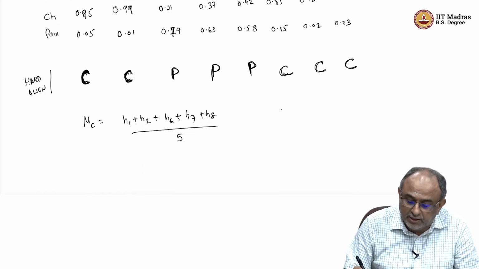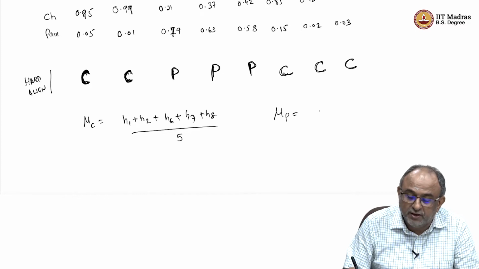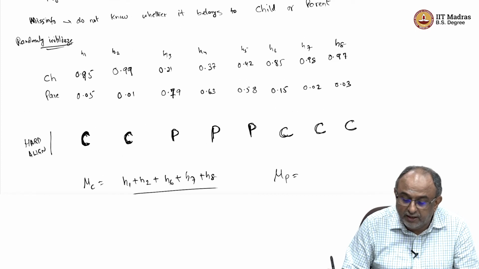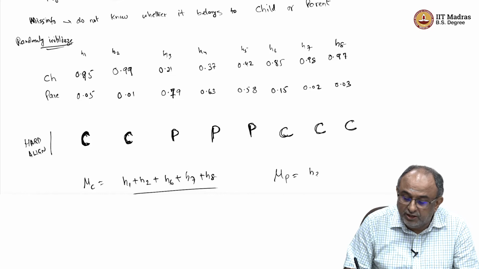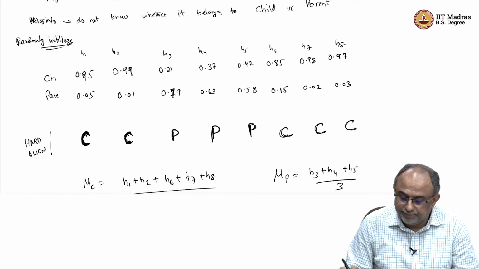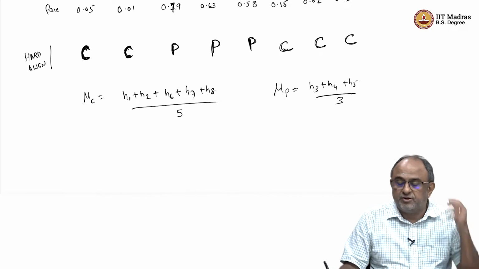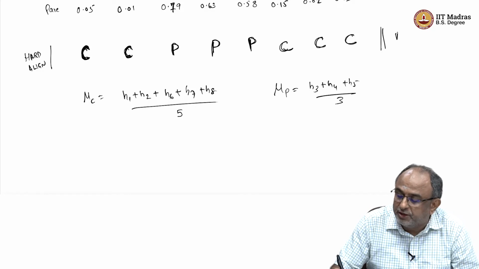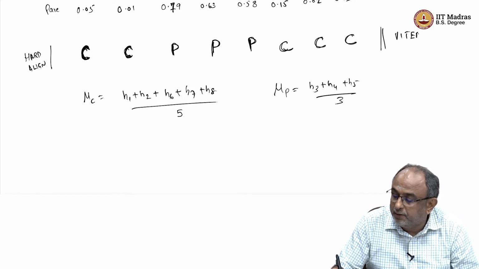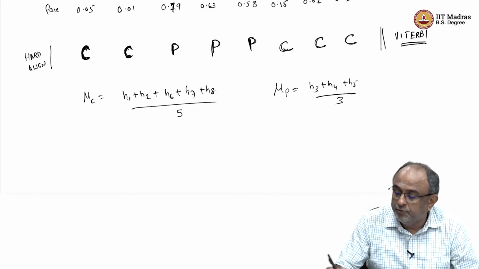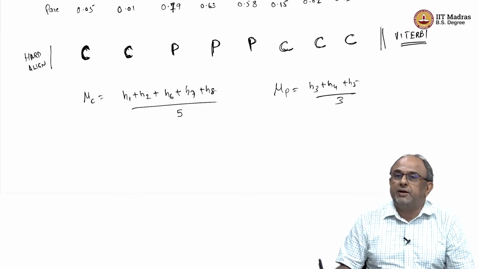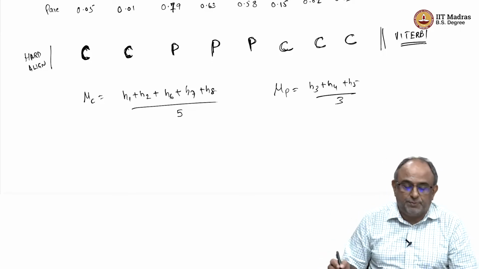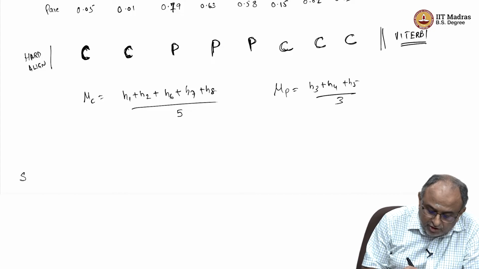Okay. Similarly, what is the mu of parent? It is H3 plus H4 plus H5 by 3. This is how we are going to find it, right? This is the analogy of Viterbi. We do a hard alignment, okay? We are finding only the best path, okay? Or we can have a soft alignment.